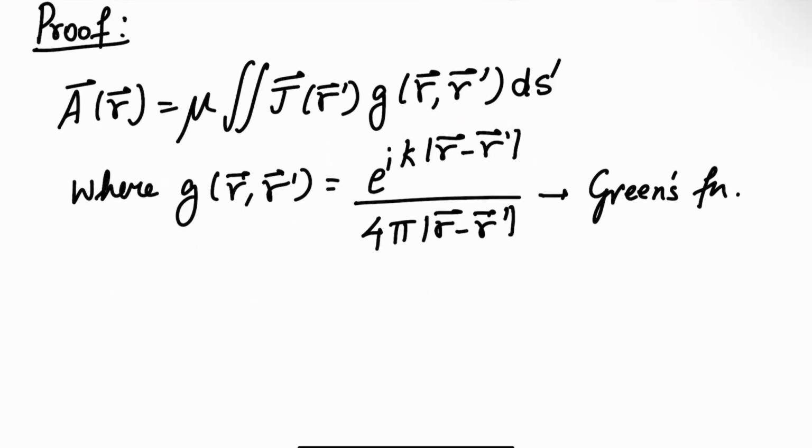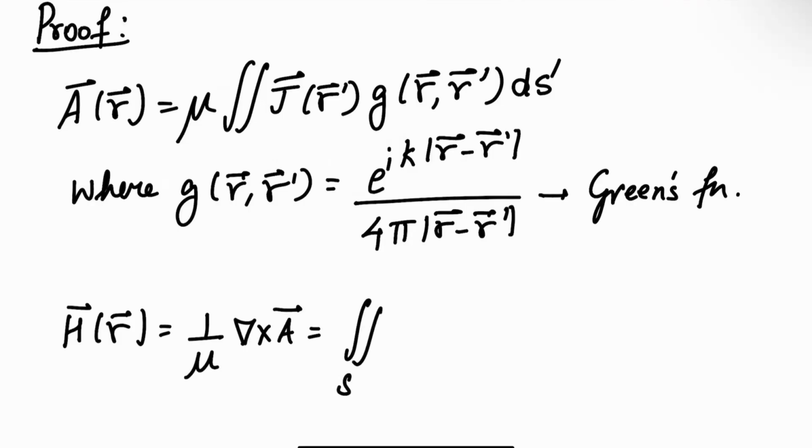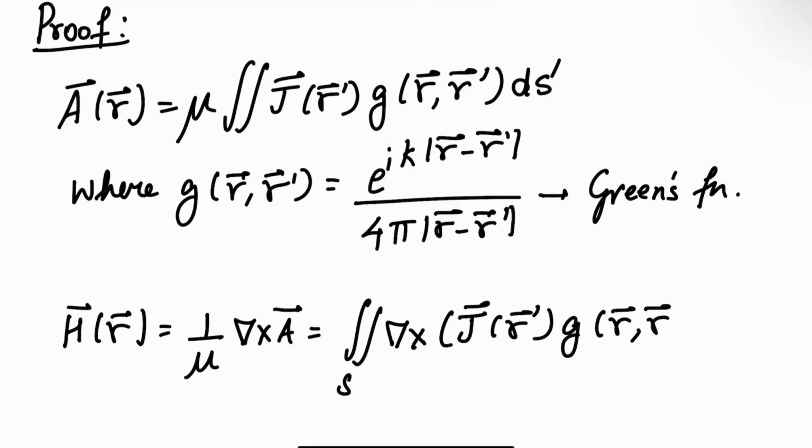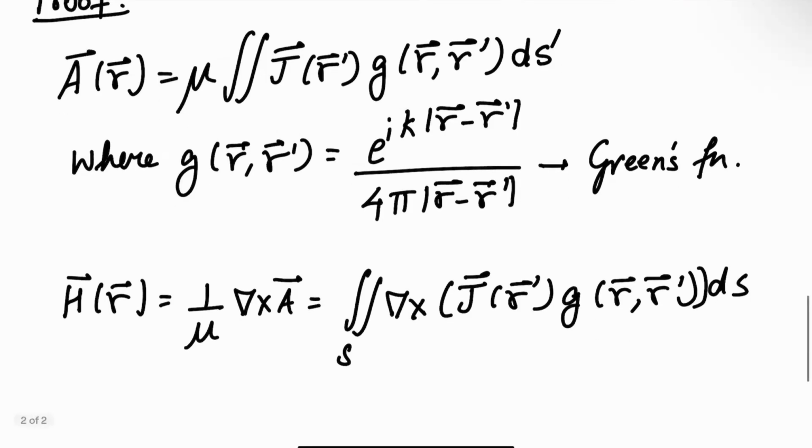Once I have A, you can find H. It's 1 over mu curl of A, which is the surface integral of the curl of J of r prime times G of r comma r prime, ds. And this curl applies to the whole thing. We know that J is only a function of r prime, whereas the curl operation is over the r component.